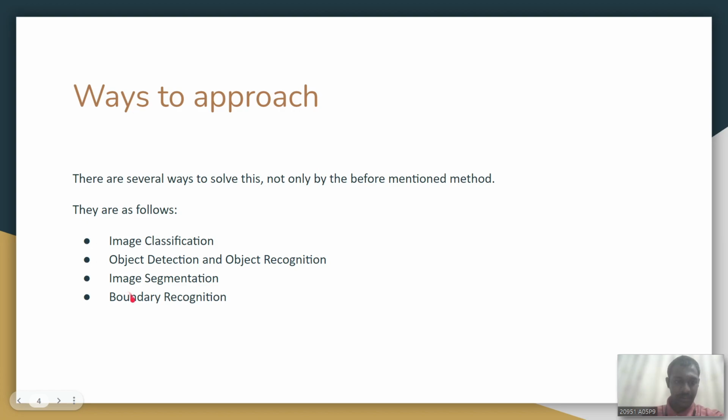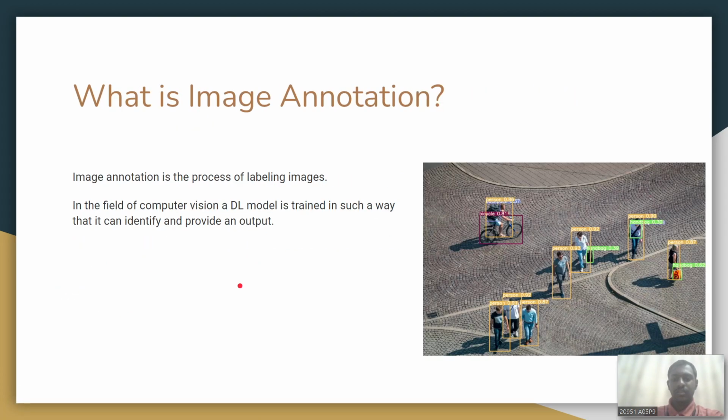And the third one is image segmentation. Going back to the same example, image segmentation is where the algorithm will detect and define a value for the features which are there in the picture.